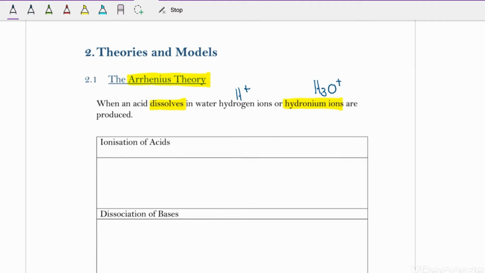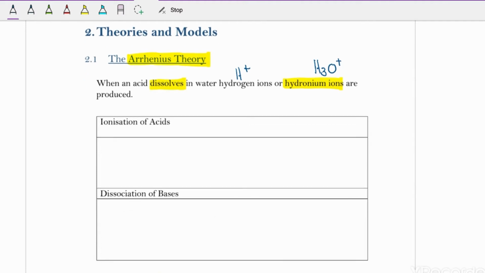When you get the dissociation of bases, so if bases dissolve, then hydroxide ions are being produced in solution, so hydroxide ions.